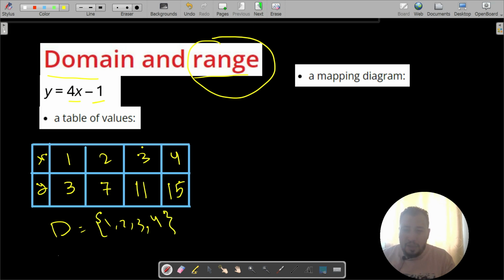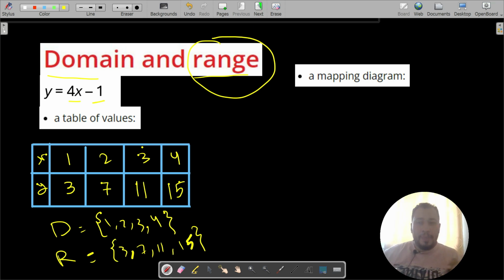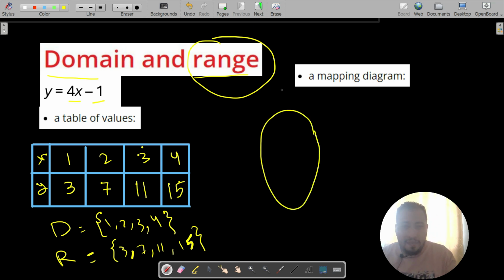And you will tell me that the range is 3, 7, 11, and 15. Okay? What about the mapping diagram? In the mapping diagram, I'm going to represent the same thing I did in the table here, but in a mapping way. Here, I have x's, and here I have all possible values of y.